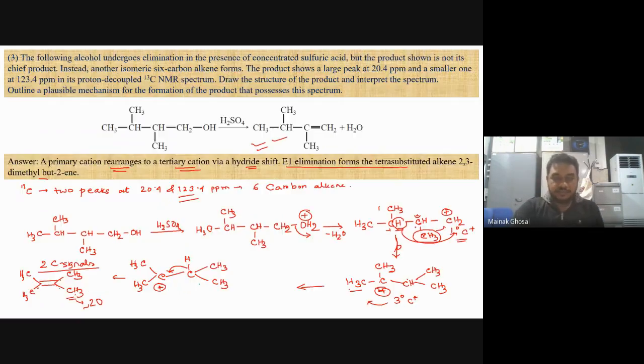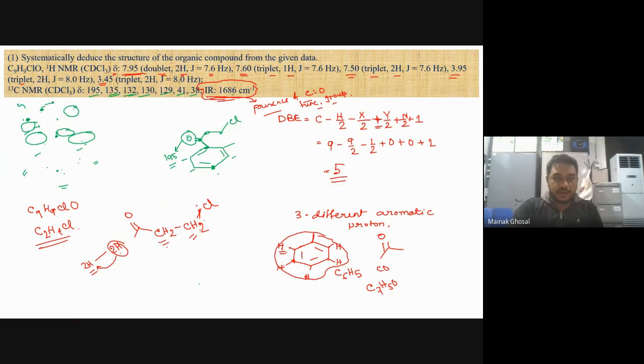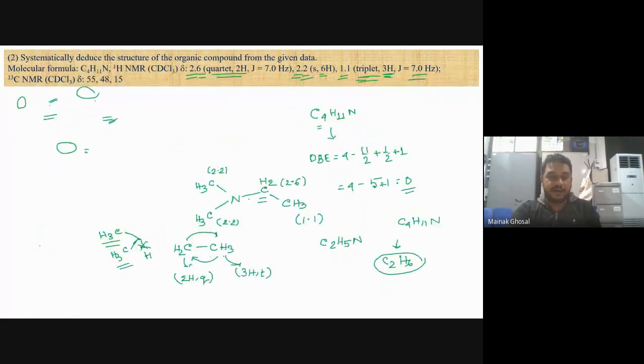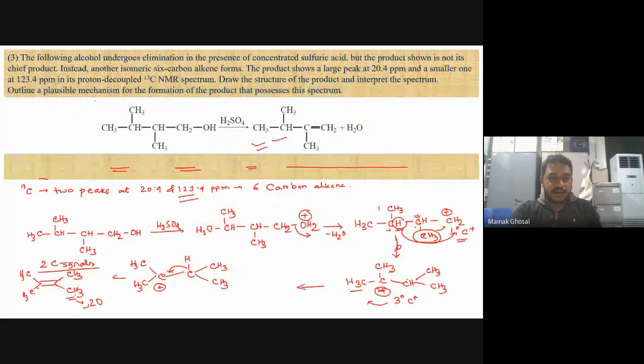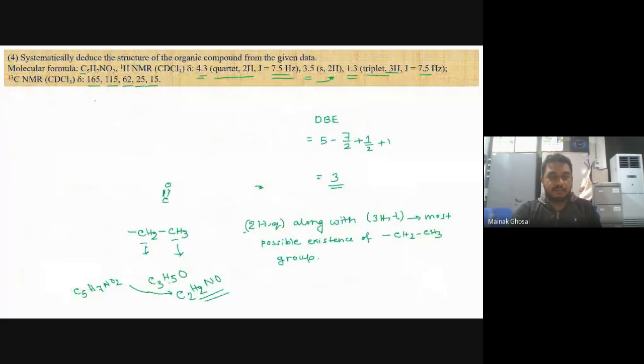Now, if I go to whatever I talked about carbonyl, here I have shown you the carbonyl value is 195, but here I am telling that carbonyl is 165.